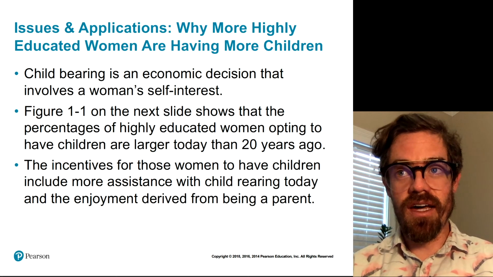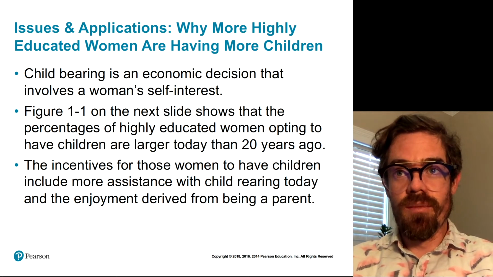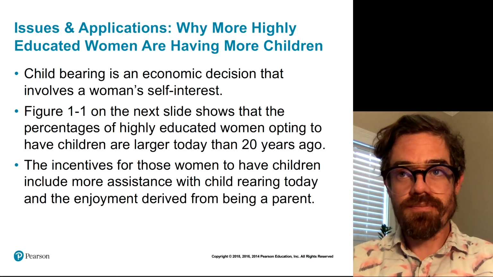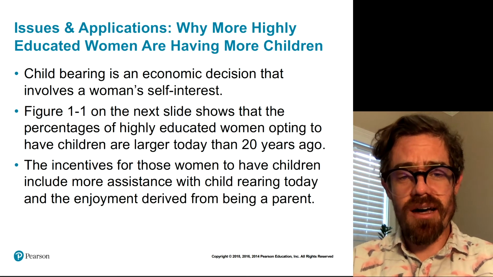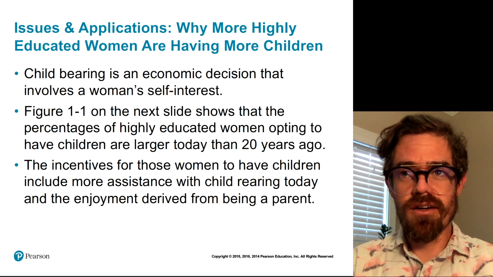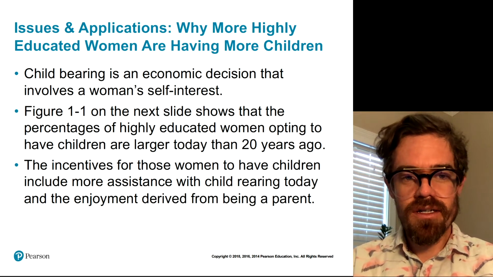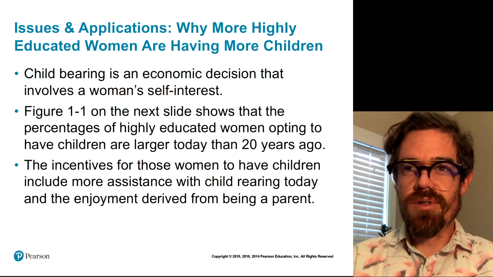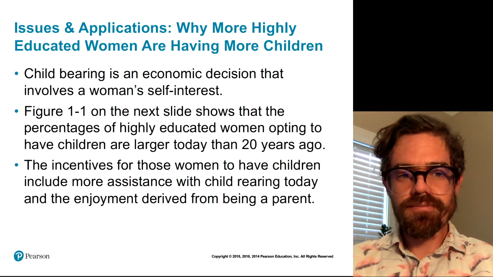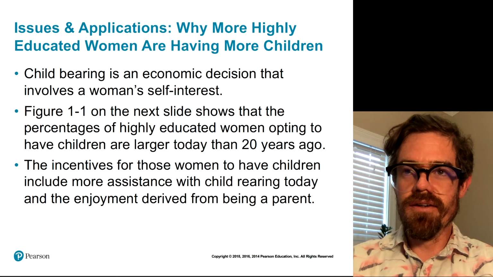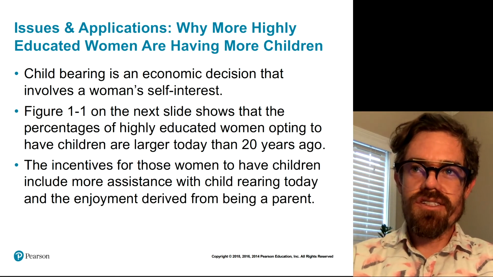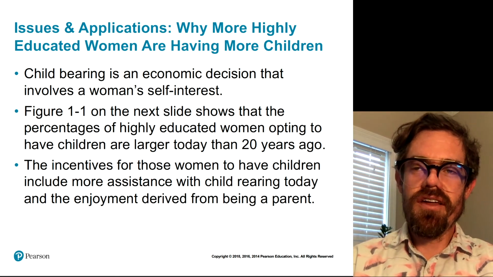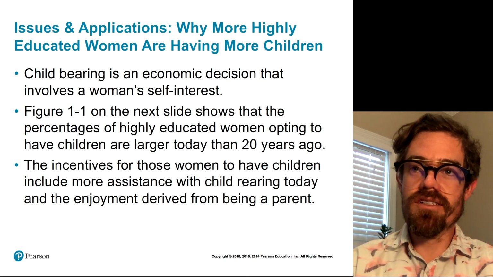And we learned that the number of women in this category that are childless has gone down to roughly 20% today from, I think, 35% 20 or 30 years ago. And you should be starting to think about all the things that we talked about in this chapter and how that relates to this decision, right?